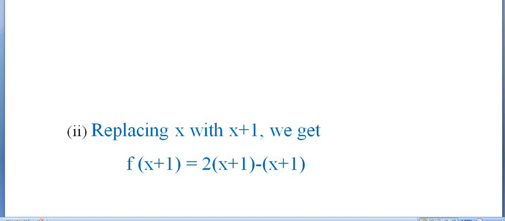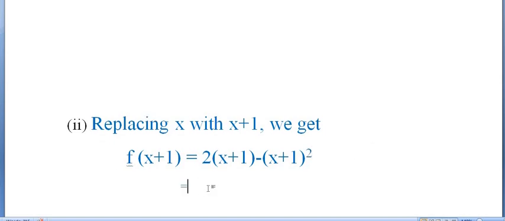Okay, square. So now 2 into x, what is that? 2x, right? Plus 2 into 1, 2, minus the bracket. We know the formula a plus b the whole squared equal to a squared plus 2ab plus b squared.